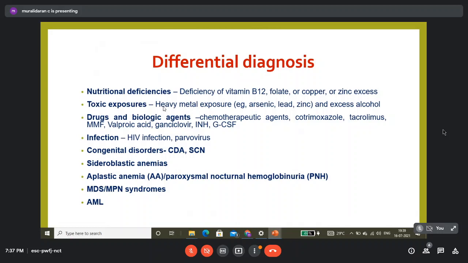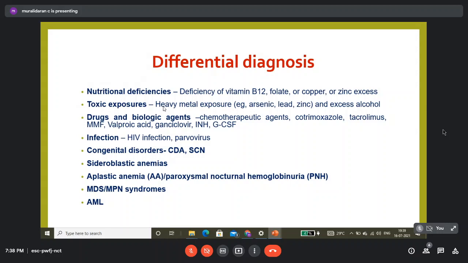Other differential diagnoses include heavy metal exposure and excessive alcohol intake. We should ask about any drug history, especially if the patient is on tacrolimus, MMF, or any history of G-CSF. In that case we can get myeloid cell abnormalities with a toxic granule type picture.